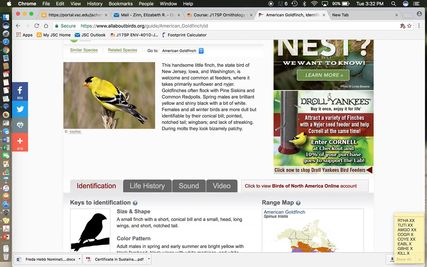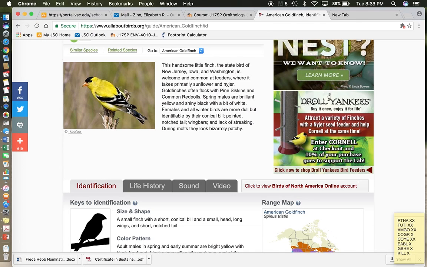So this is the American goldfinch, very bright yellow, canary yellow, not very orangey, it's very yellowy. But they do have a black cap on their head, and the black cap sits very far forward on the head. It's not at the back, it goes all the way down to the beak, almost up to the eye, and then they have black and white striped wings.